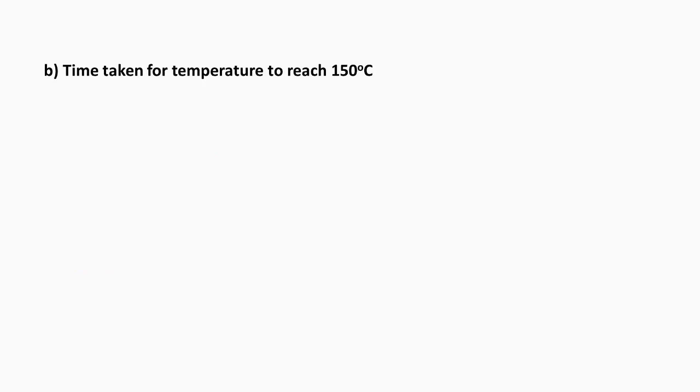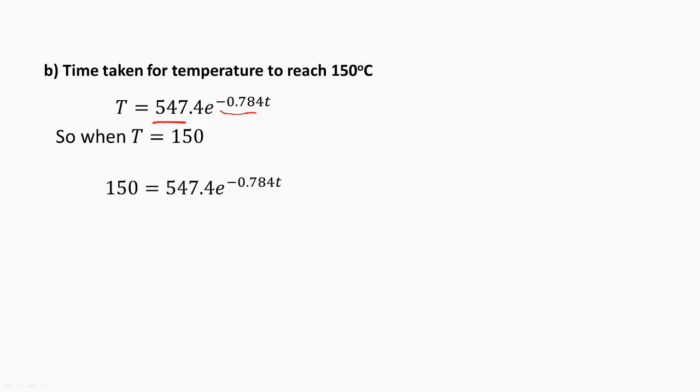And the time taken for the temperature to reach 150. This time I still have my initial temperature and I've got the same k. And this time I want to know when the temperature is going to equal 150. So we substitute that in for temperature, and you can solve that directly on your calculator.